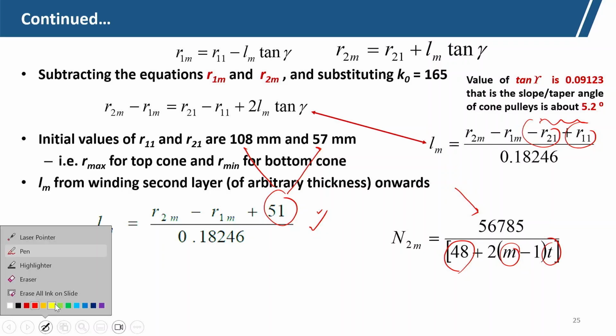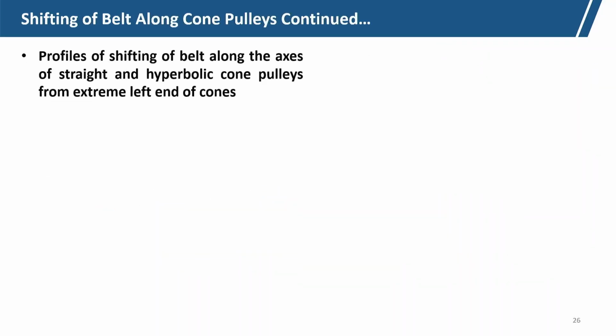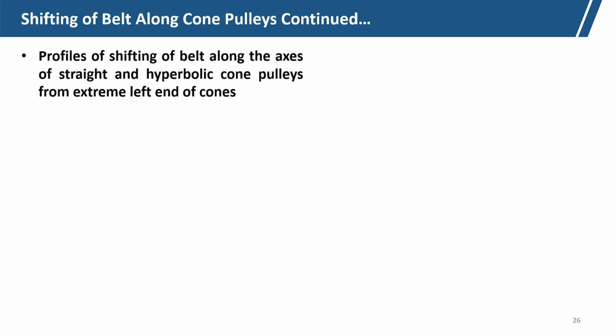So, from these two relationships, where m varies from 2, 3, 4 up to m, we can calculate the shift of the cone belt. So, the profile of shifting of the belt along the axis of straight and hyperbolic cone, from the extreme left end of the cone. Okay.